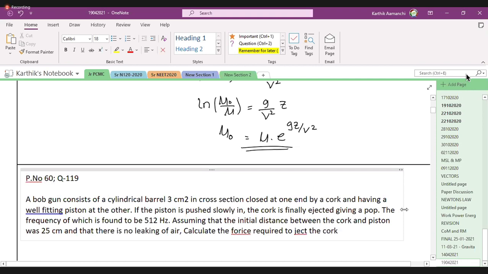Atmospheric pressure is 1 kg per centimeter square. Velocity is 340 meters per second.